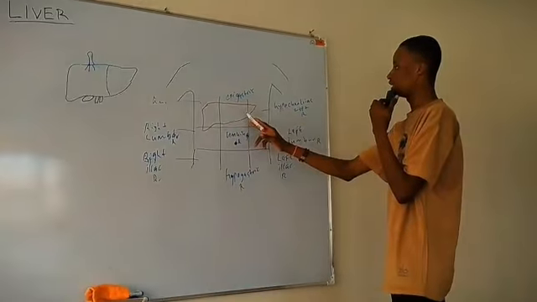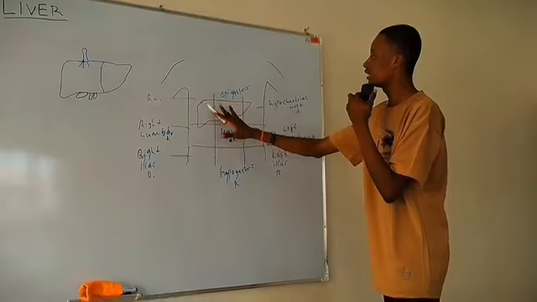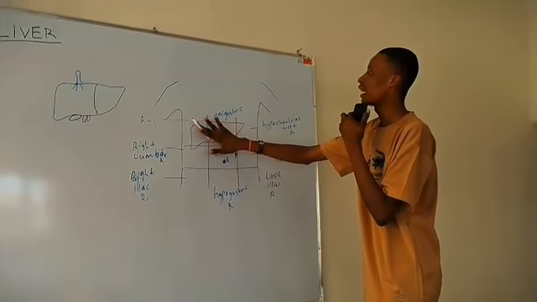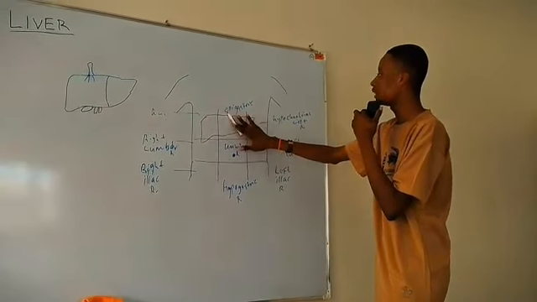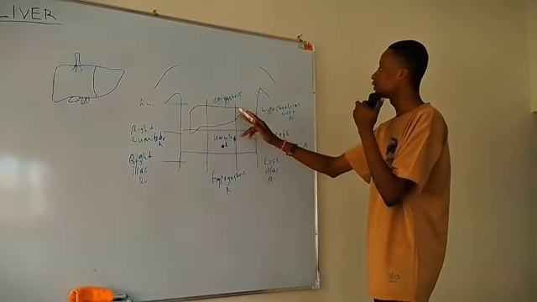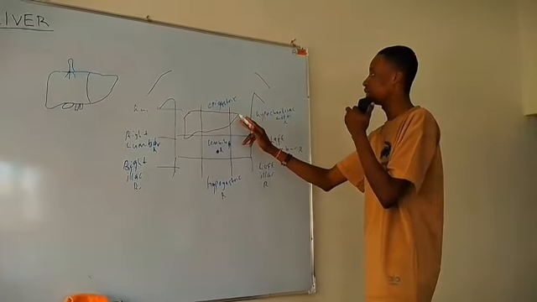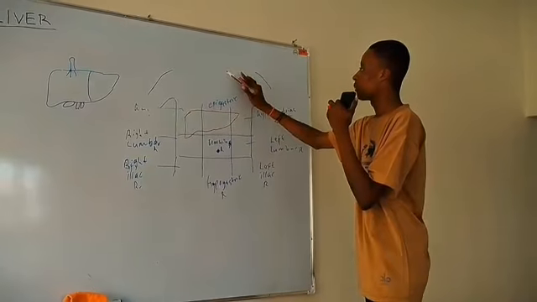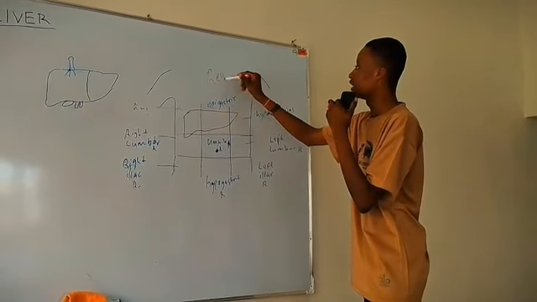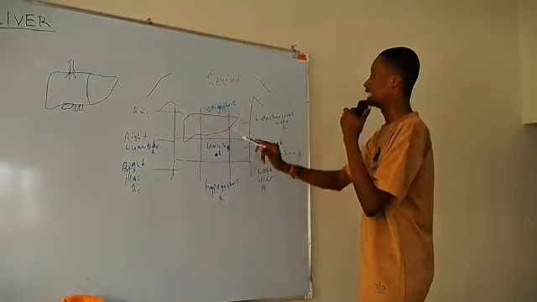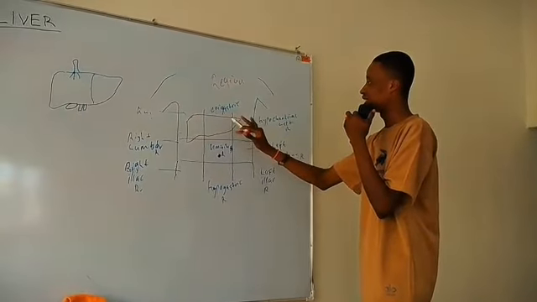This is how the liver is. So you can clearly see that the liver is located at the right hypochondriac and epigastric regions, and frequently slightly to the left. So this is the location of the liver regarding the regions of the body.